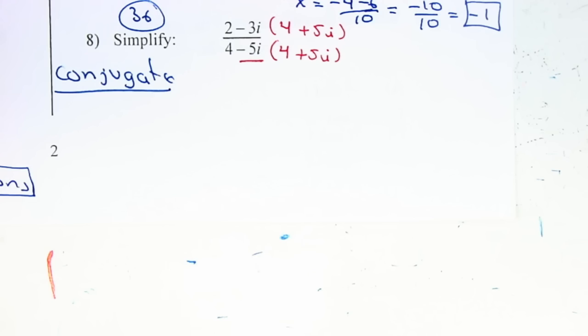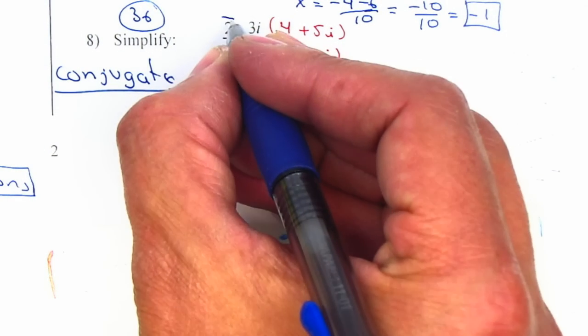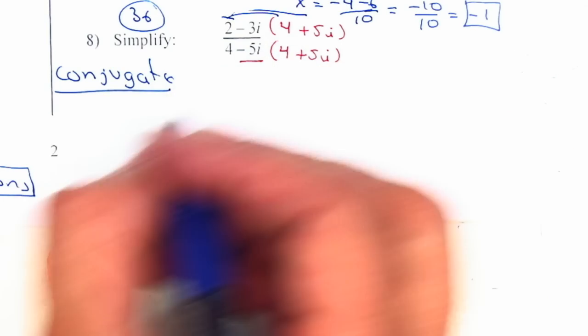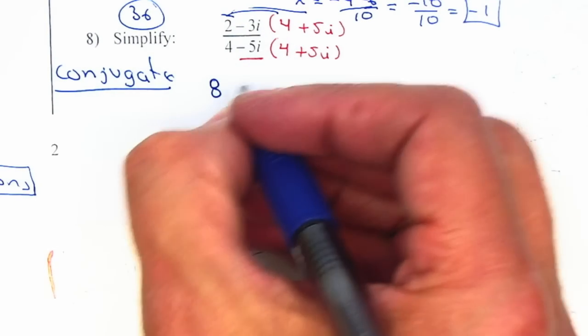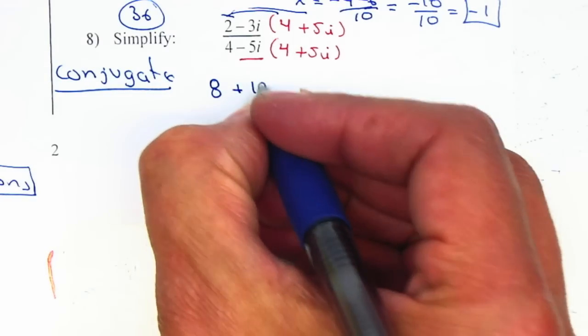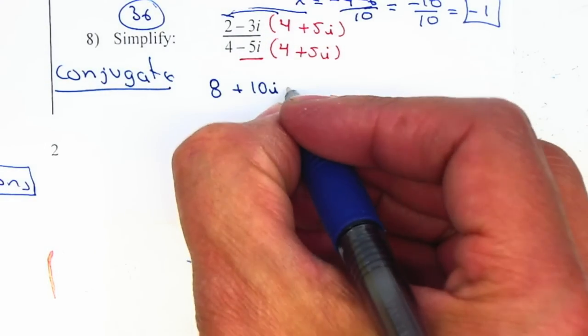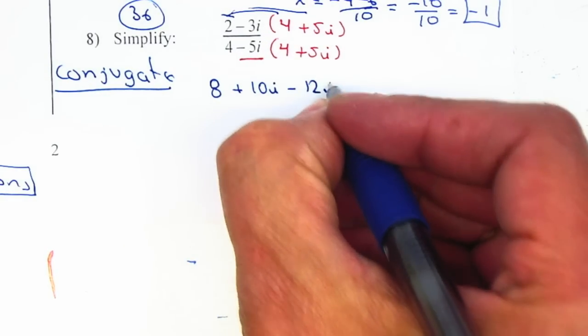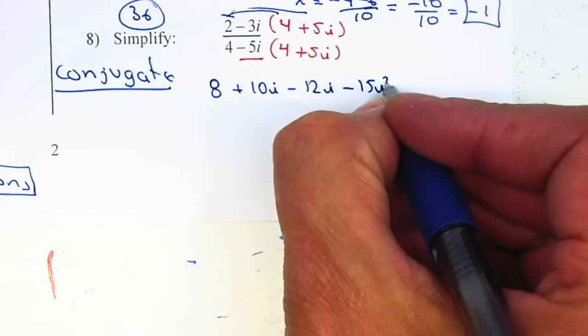From here, we are going to use the distributive property to multiply it out. So we're going to multiply that 2 times each one of them. 2 times 4 is 8. 2 times 5i is positive 10i. Negative 3i times 4 is negative 12i. Negative 3i times 5i is negative 15i squared.